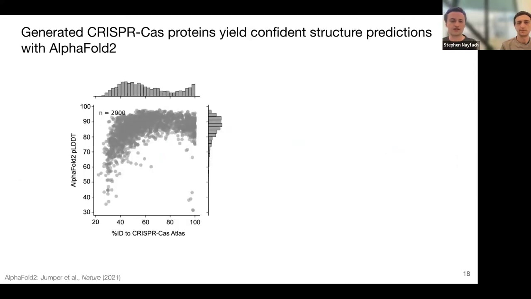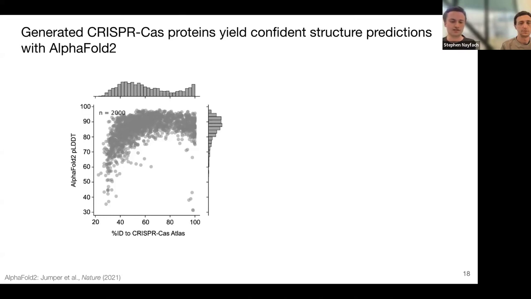The next thing we did to convince ourselves that these looked functionally complete and viable is predict 2,000 structures using AlphaFold 2. We took sequences uniformly from the set of generated sequences from the prior slides, passed them through AlphaFold 2 with MSA inputs. And shown here is the identity to the CRISPR-Cas Atlas on the x-axis.